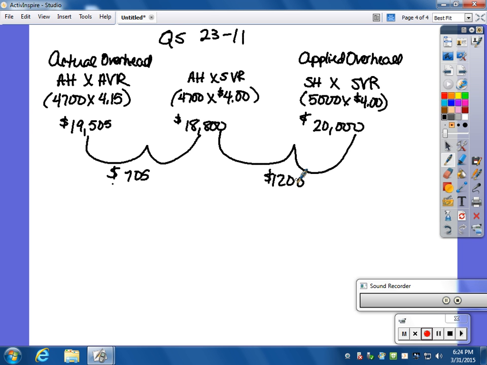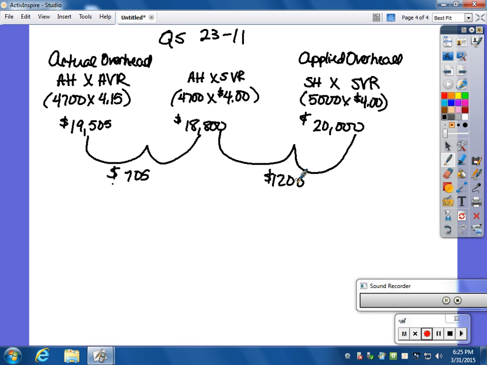Actual greater than budgeted is favorable. Budgeted higher than actual is unfavorable.